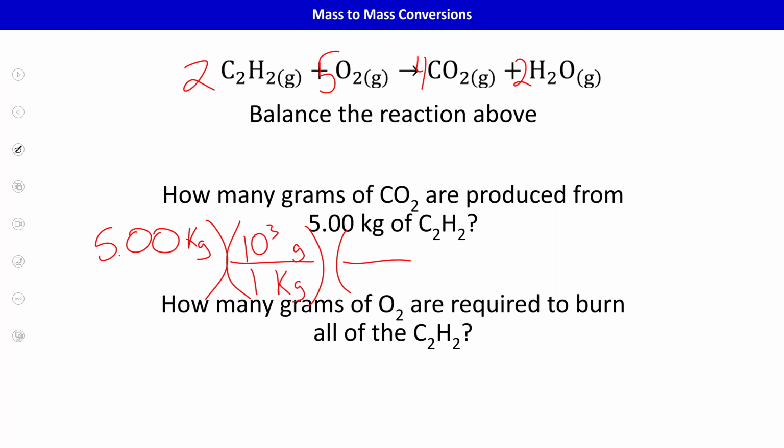And then we can use the atomic weights, right? Because we know the formula of acetylene is C2H2. So we can say, okay, the mass of 1 mole of acetylene is going to be 2 carbons, grams per mole, plus 2 hydrogens, grams per mole.